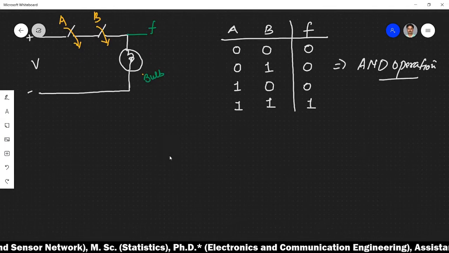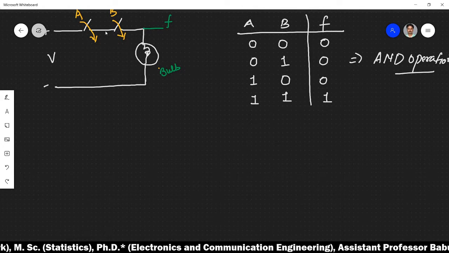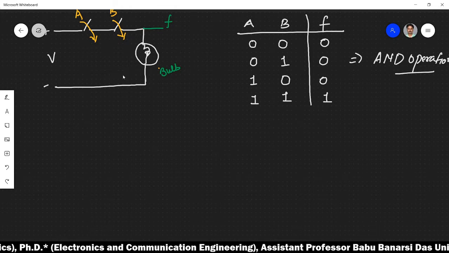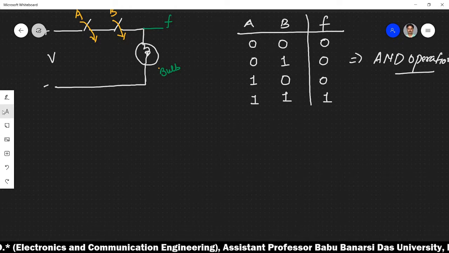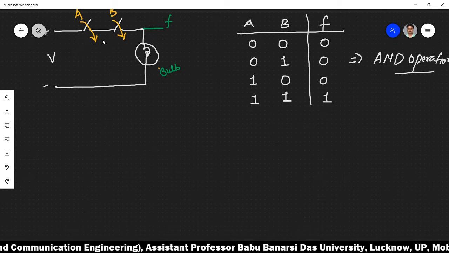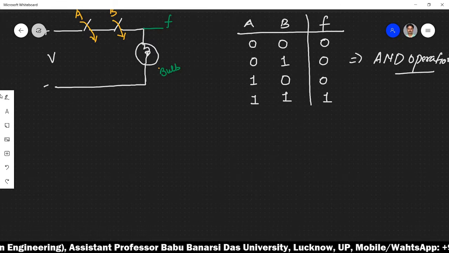Now, besides connecting these two switches in series with this bulb, what happens if we connect this entire branch not in series, but in parallel? Let's see.